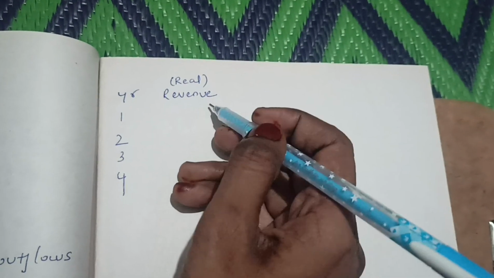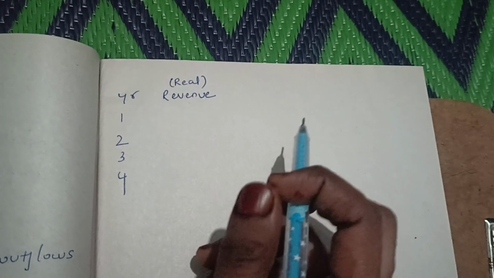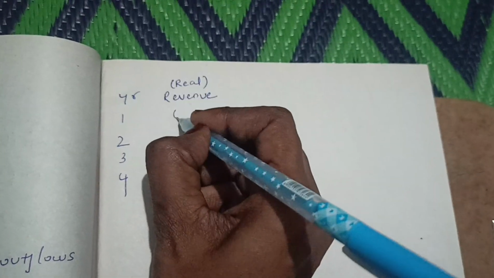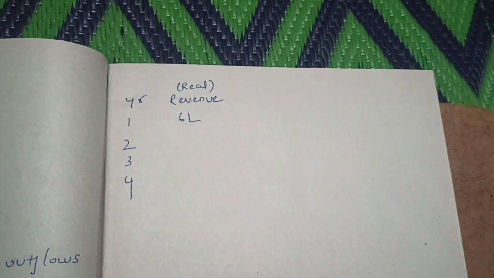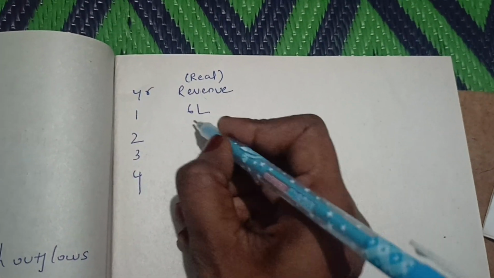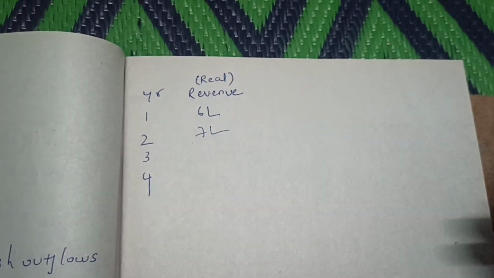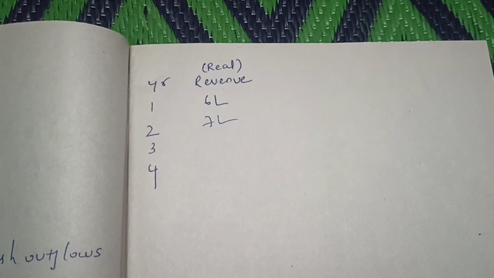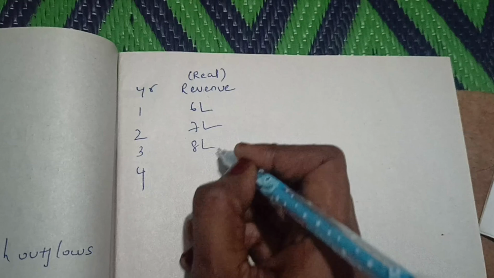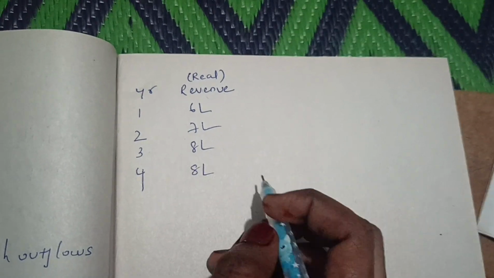How did I get to know? Because it is specified in the question. So first year revenue is 6 lakhs, second year revenue is 7 lakhs, third year revenue is 8 lakhs, and fourth year revenue is again 8 lakhs.